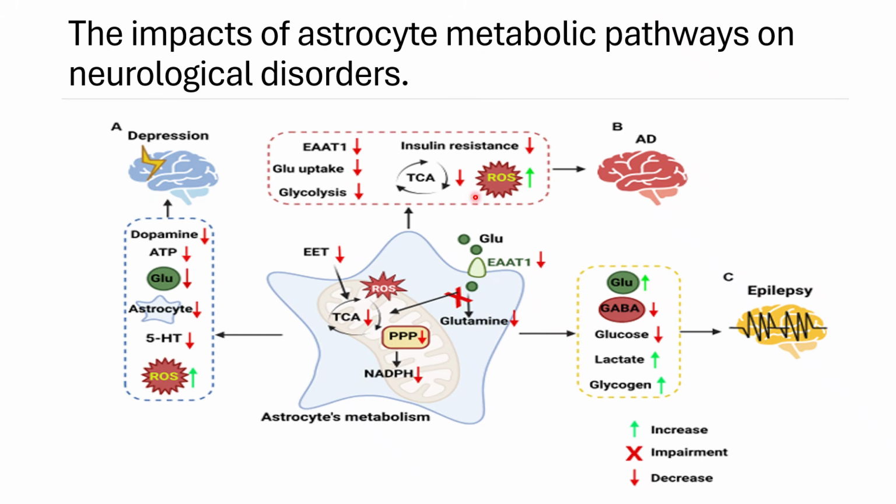So looking at this diagram here, the pathways involved in epilepsy in astrocytes, such as the metabolism of glutamate, the synthesis of GABA, glycolysis, lactate, and glycogen metabolism, were all impaired, leading to accumulation of glutamate, lactate, and glycogen, and the loss of GABA and glucose.